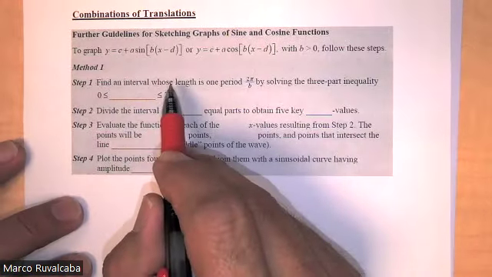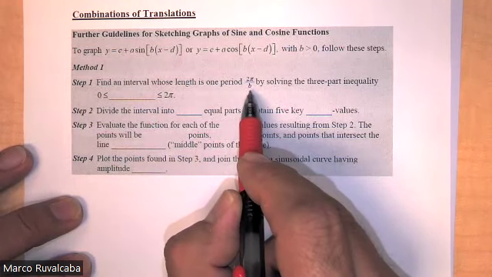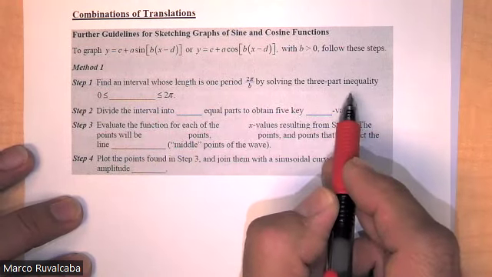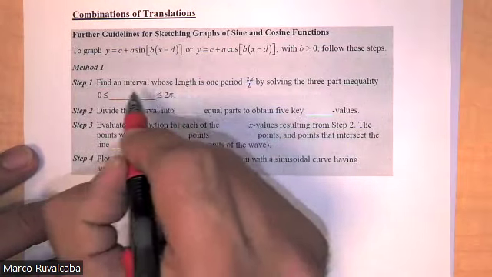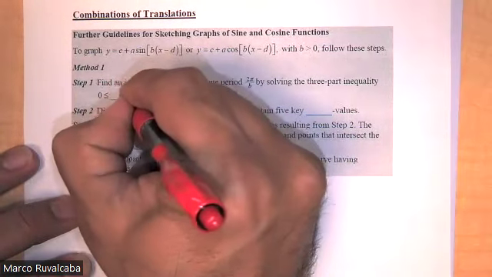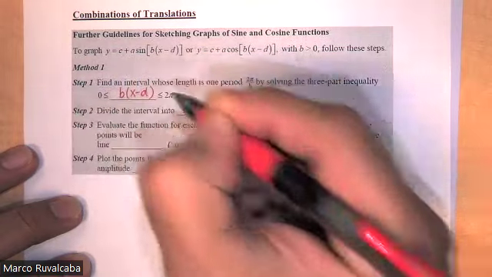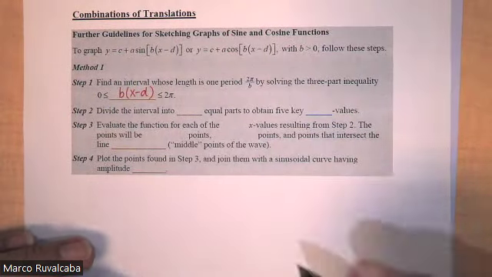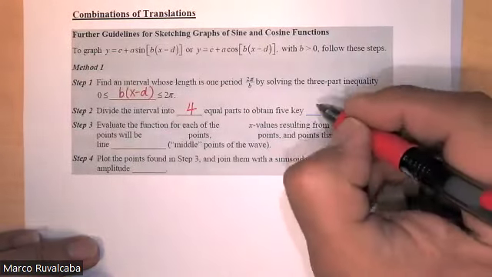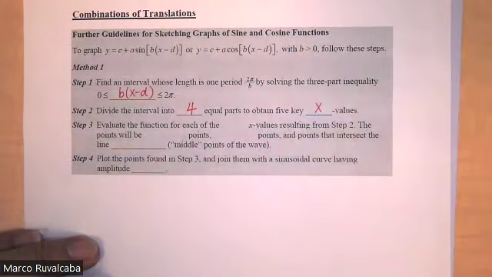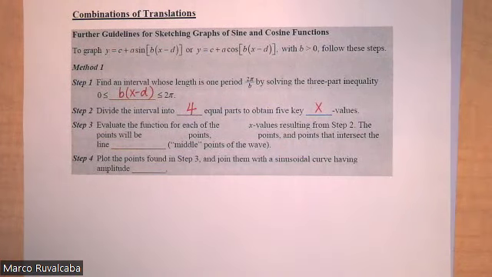You first find an interval whose length is 1 period by solving the 3-part inequality. You let the argument be between 0 and 2 pi. So the argument is this. Then you divide the interval into 4 equal parts to obtain the 5 key x values that I've been using.